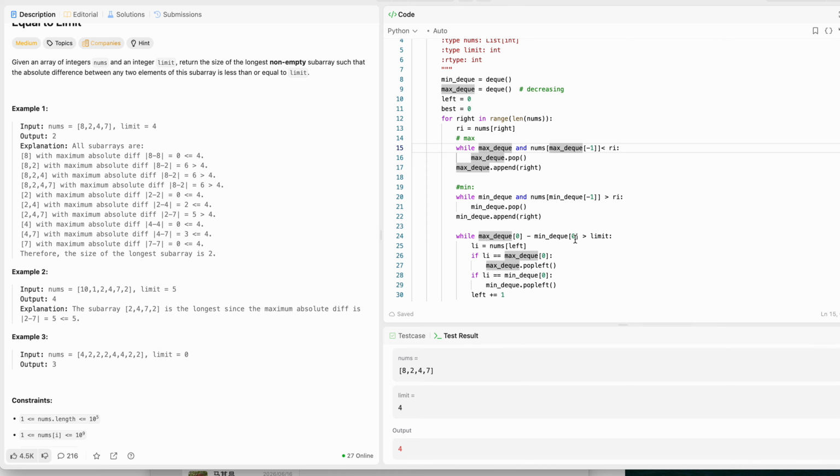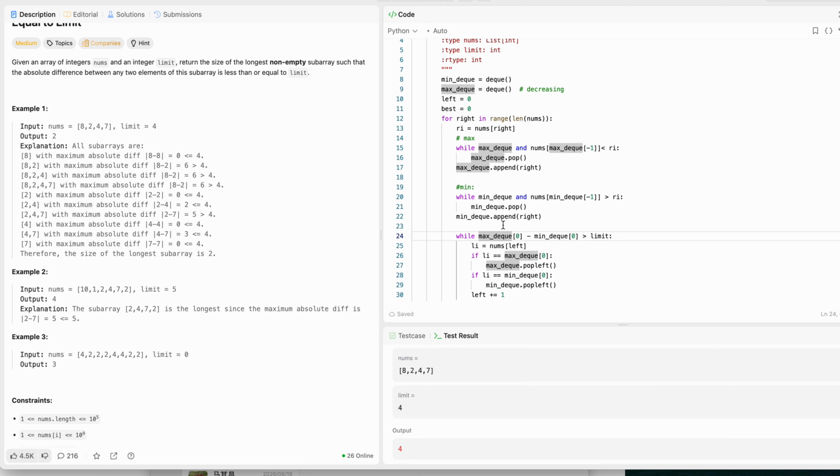This is not right, because I am going to compare the value. Oh wait, let me think. Okay.